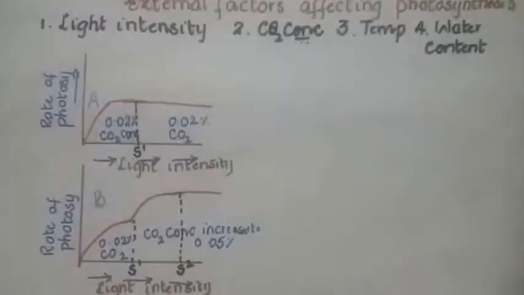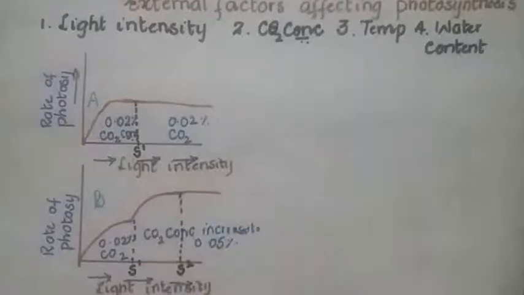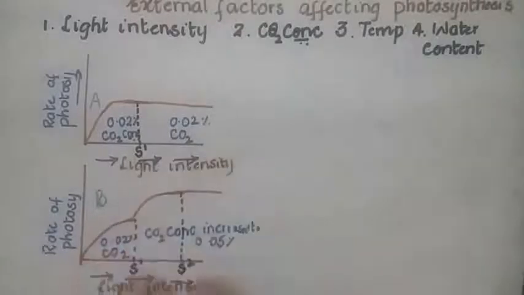Now let us start with the first 2 factors. How do they affect the rate of photosynthesis, which can be represented in a graph?